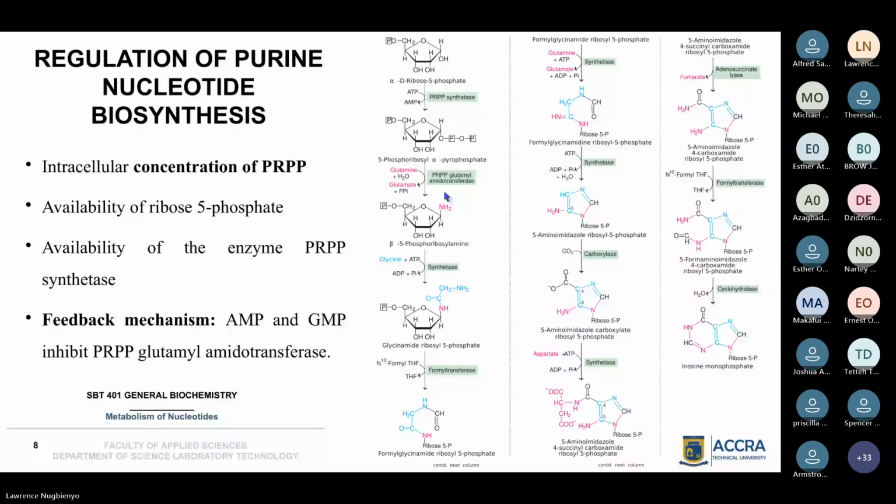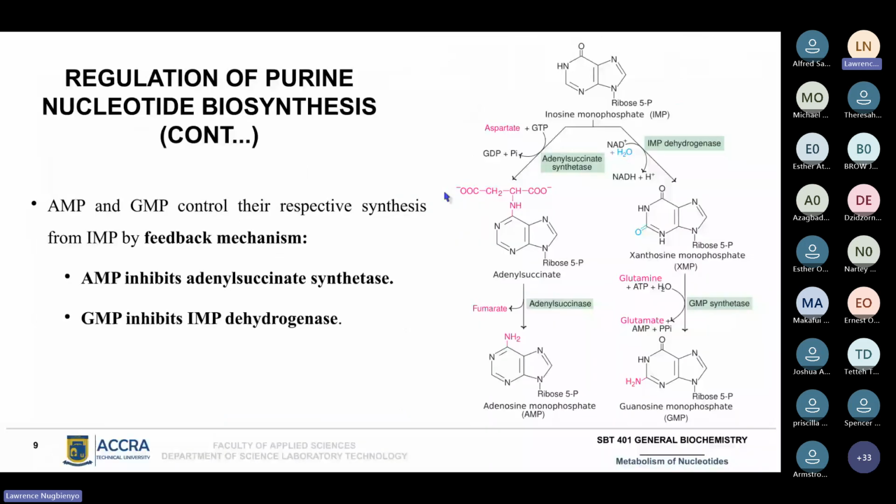Right. Now, you also have, after the synthesis of inosine monophosphate, the inosine monophosphate goes into two different paths, which we saw. One of the paths is going to give us adenosine monophosphate, AMP, and the second path gave us guanosine monophosphate, GMP.